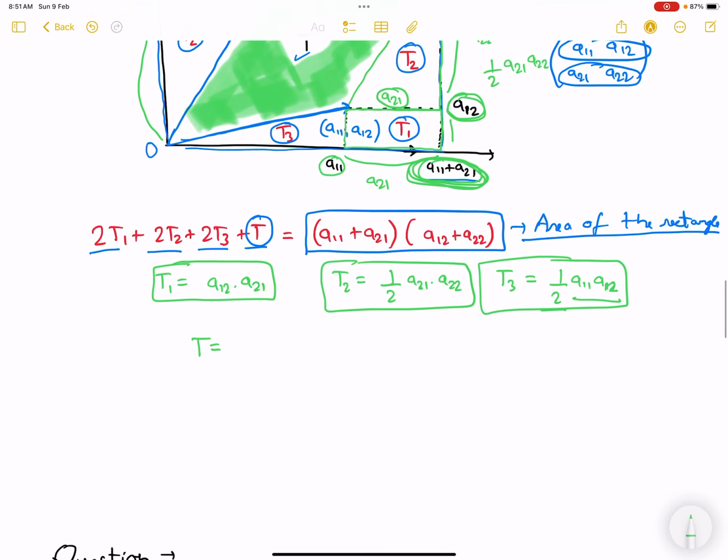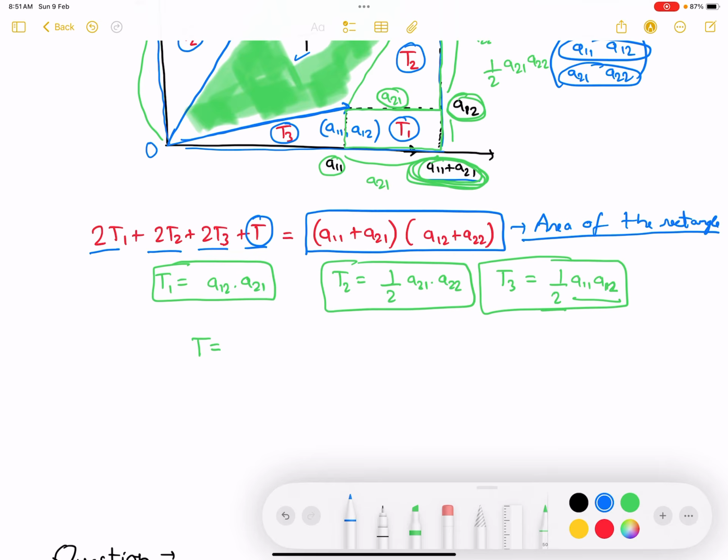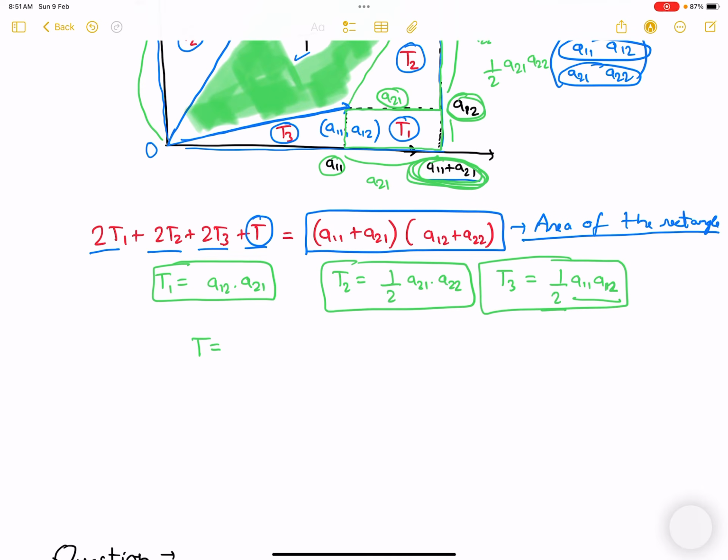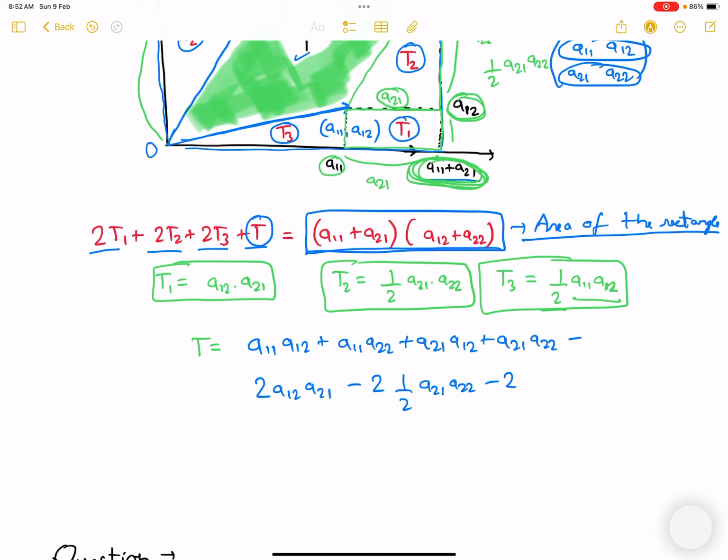Now with the help of this, we can find the value of T. Solving this first, this is a11 a12 plus a11 a22 plus a21 a12 plus a21 a22 minus 2 times T1, minus 2 times T2, which is a21 a22, minus 2 times T3, which is a11 a12.